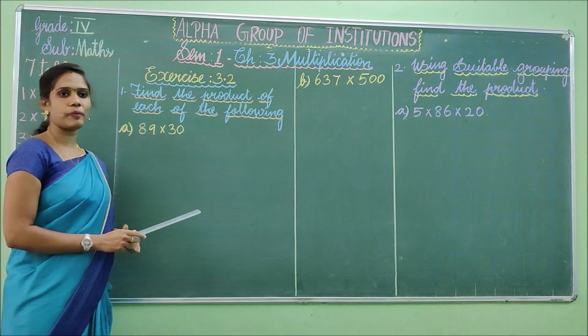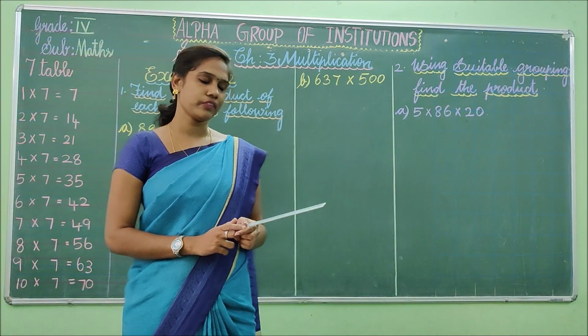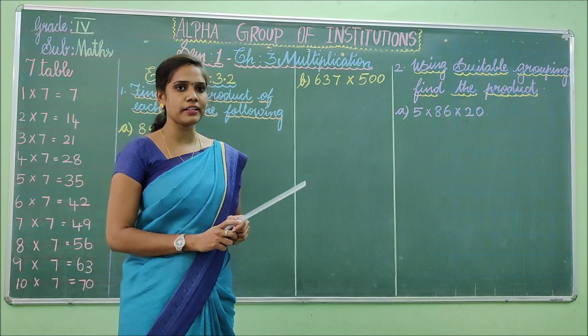Okay, children, you have to practice the 7 table and write it 2 times in your class note. Shall we move on to the chapter now?